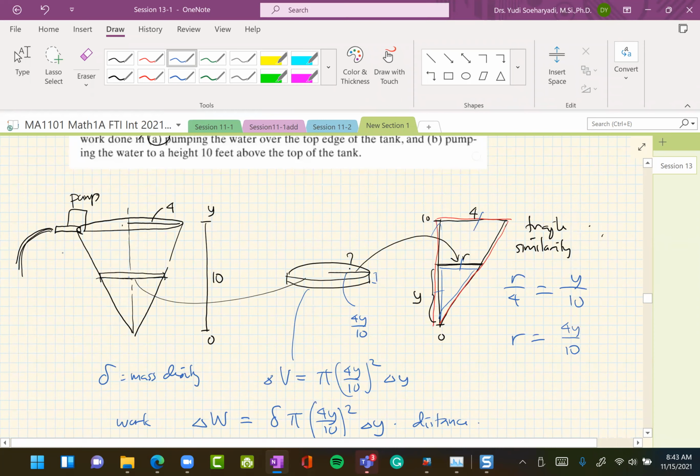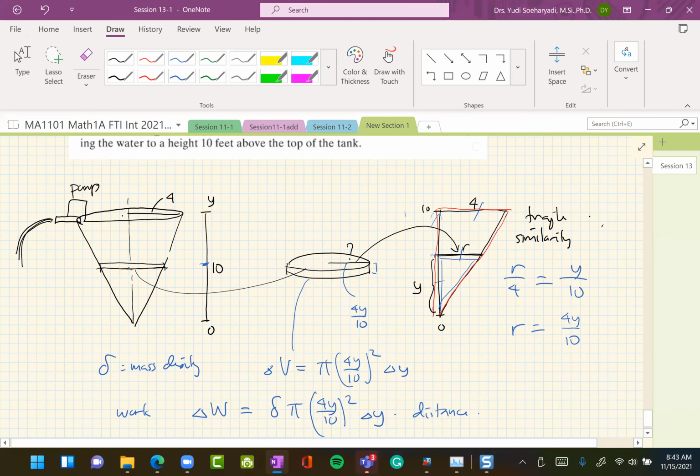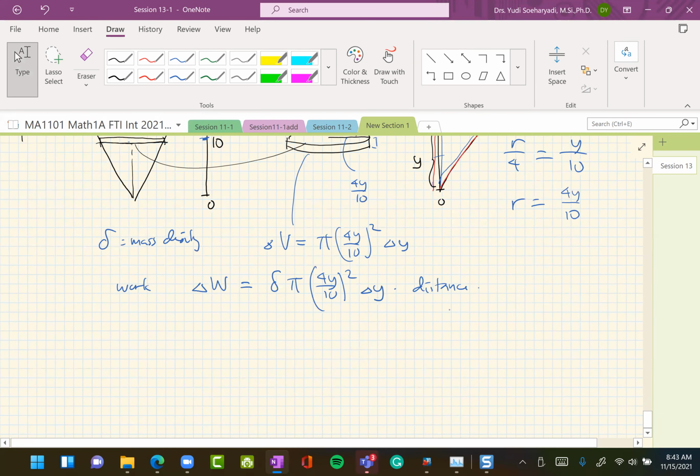This is the distance here. If the whole thing is 10 and you have y here, the distance traveled is just the rest of this. So it's 10 minus y. So you get this one times 10 minus y.